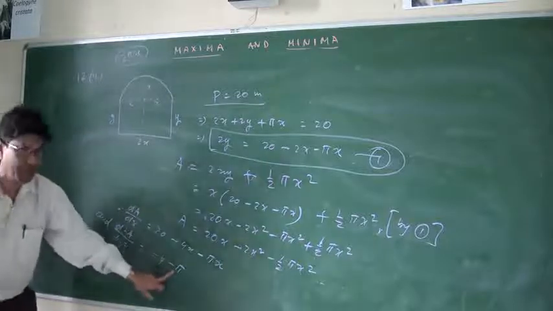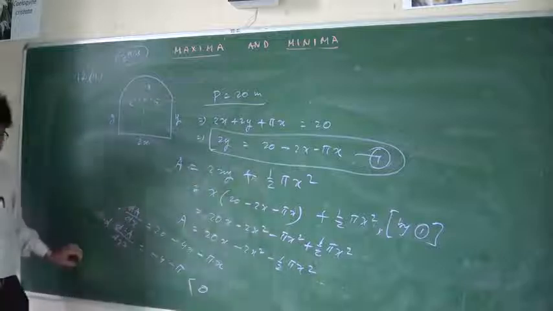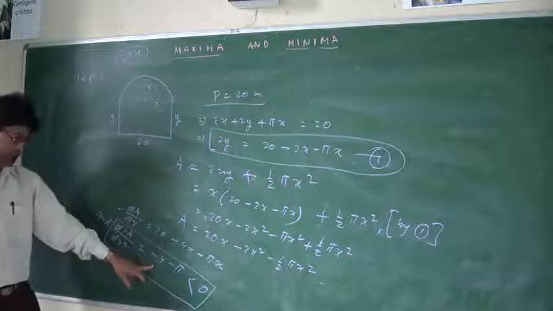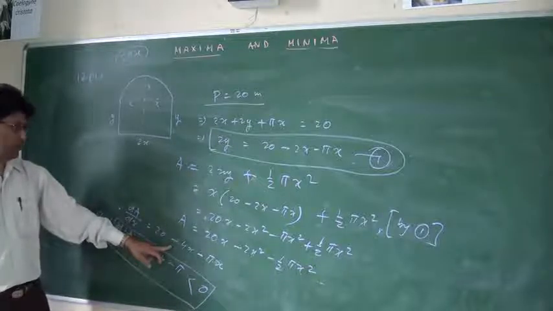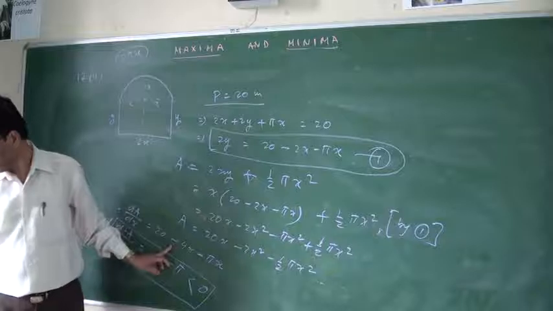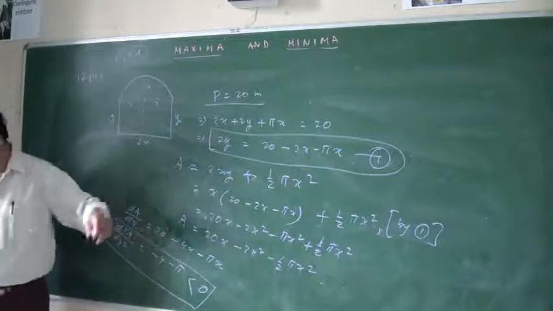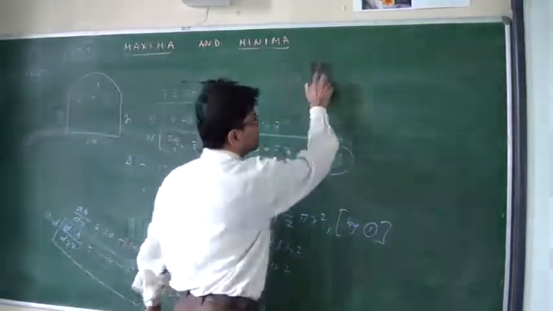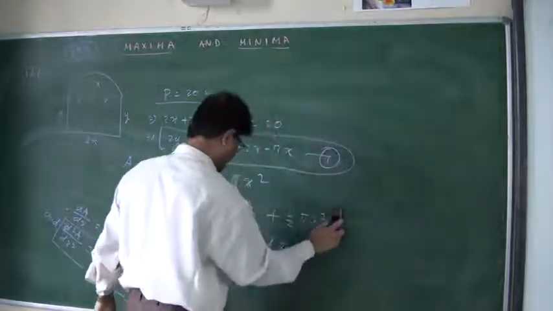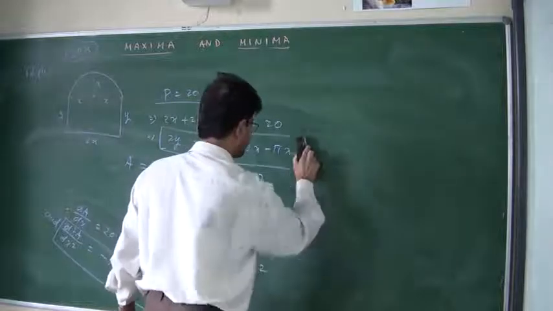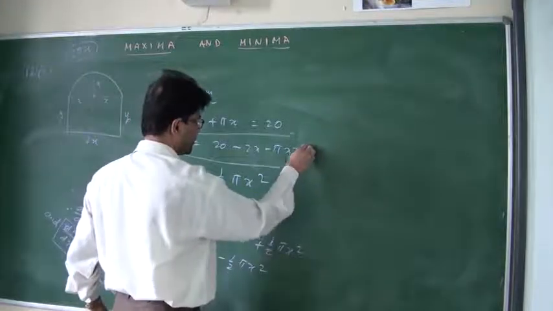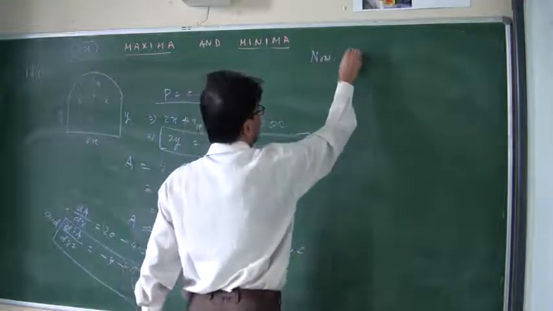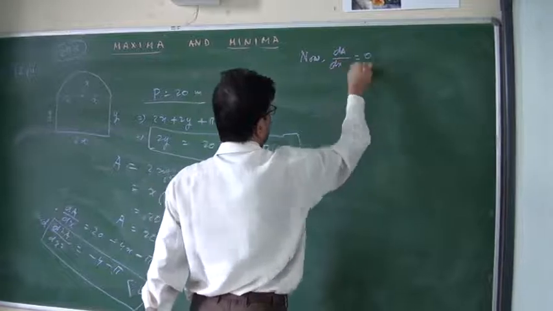Minus 4 minus pi, is this positive or negative? This is a negative quantity. So I have got the second derivative negative. You don't have to find out more, it has already come negative. Now we have to check for what value of x the first derivative will be 0. dA by dx is equal to 0.